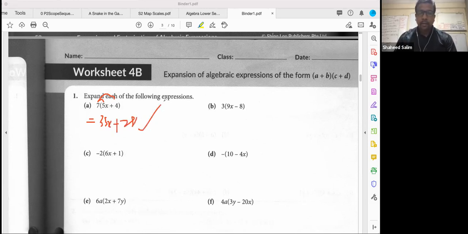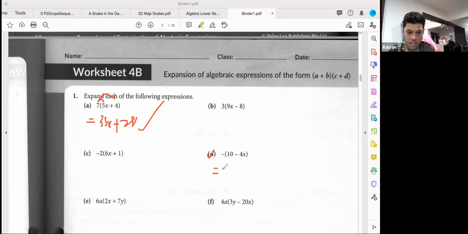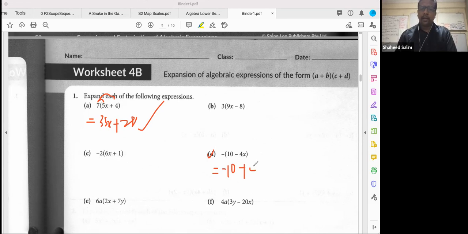Well done. Okay, this one now. D. Negative 10, good. Plus 4x. Well done.